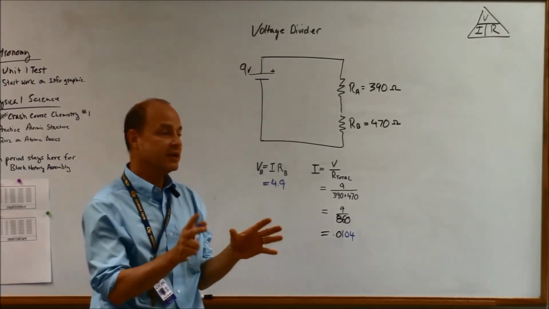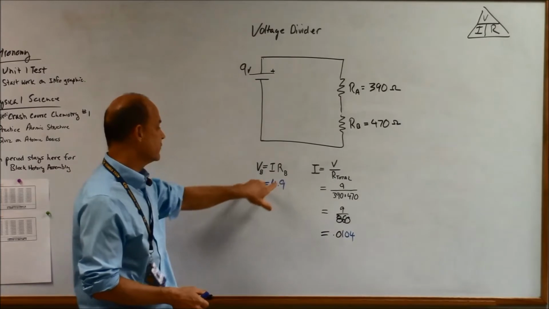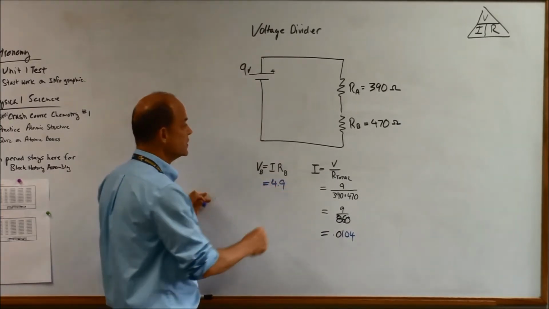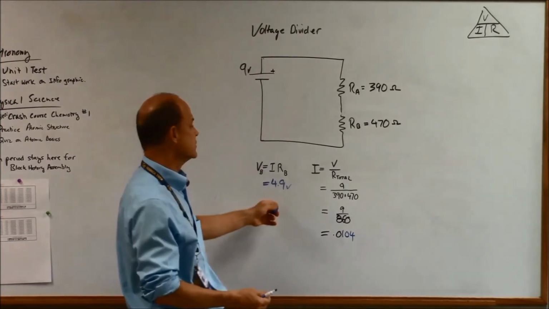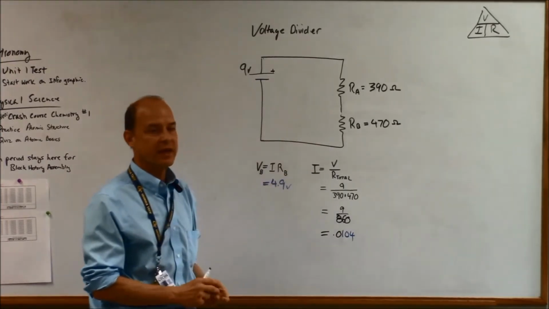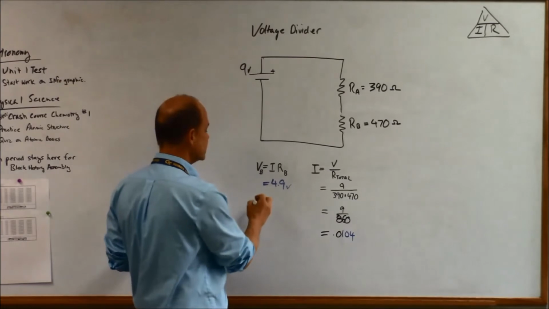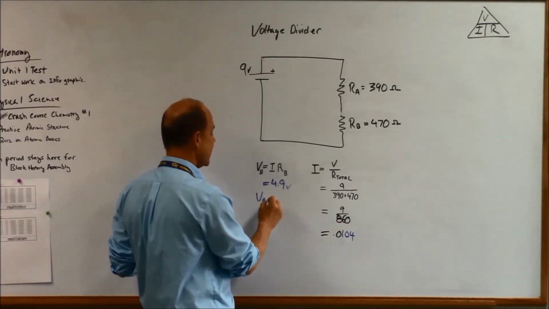I need to drive a point home. We calculated the voltage drop across resistor B. What I want you to do right now, and you've done it already for resistor B, is do it for resistor A. What do you get for the voltage drop for resistor A?